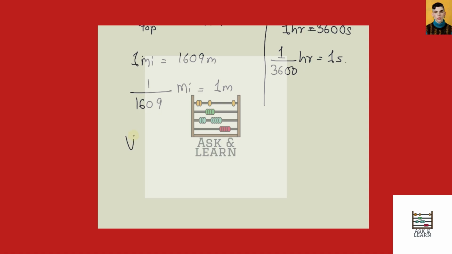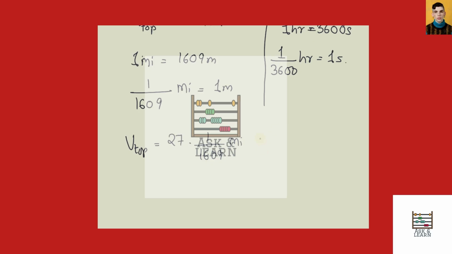So I get V top equals 27 meters. So 1 meter is this much. So it will be 1 divided by 1609 miles, and divided by seconds. So it should be divided by 1 divided by 3600 hours. But this 3600 will go up. So I will write it directly over here.